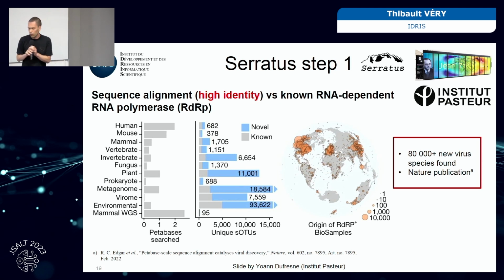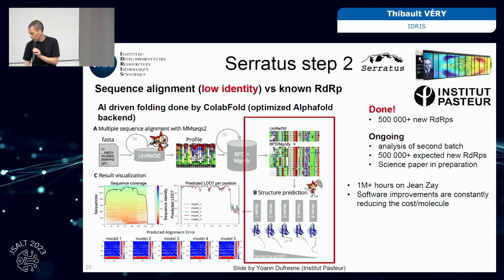And with this searching, they were able to find 80,000 new viruses, and they published a Nature publication for that. That's quite impressive, but now the next step is to do the same, but with low identity.